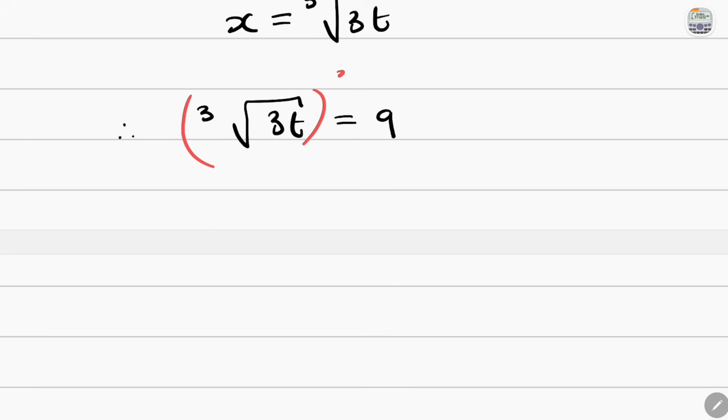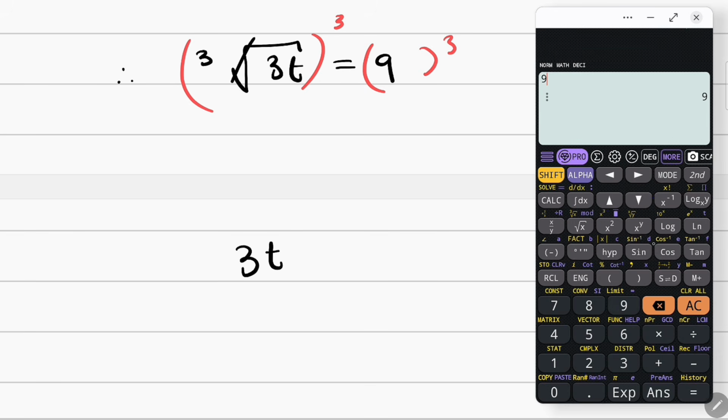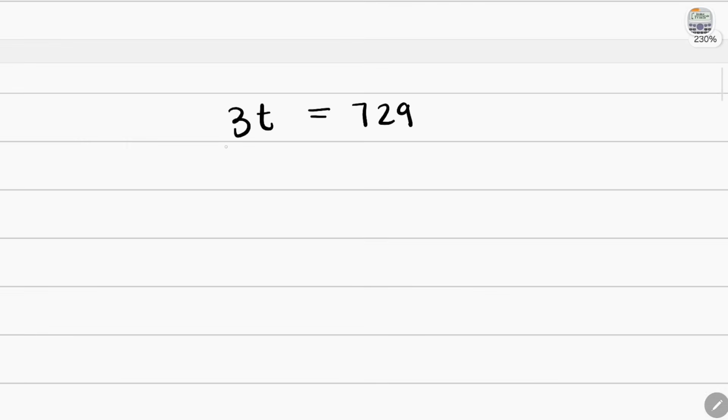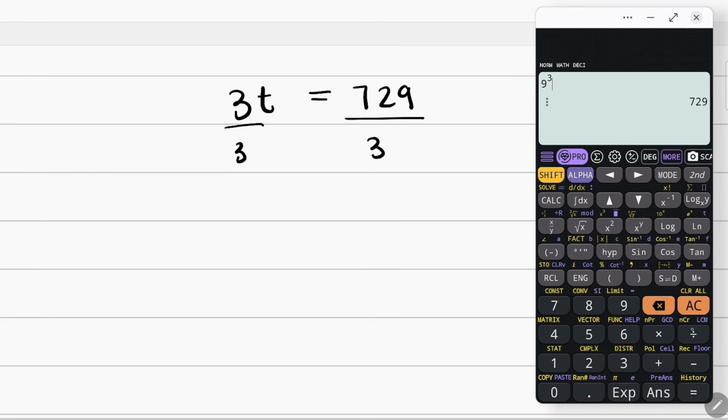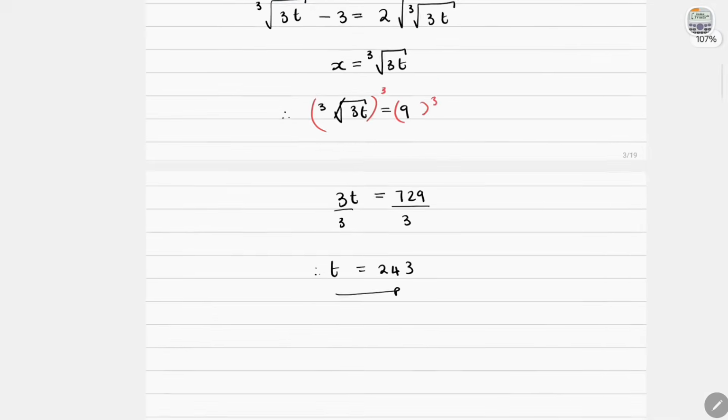What you do on one side, you must do on the other side. So we have 3t now because that cube root breaks open. And let's just find out what exactly is 9 raised to the power of 3. It is 729. Then you're just going to divide both sides of this equation by 3, so t is equal to 243. And that is our answer for t.